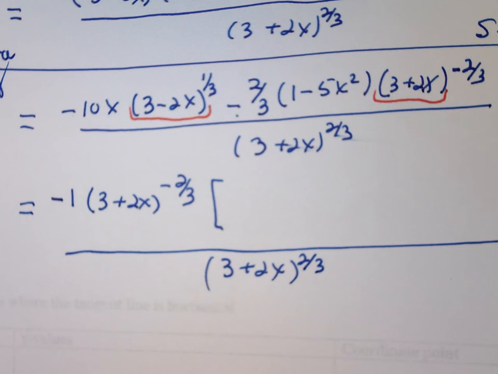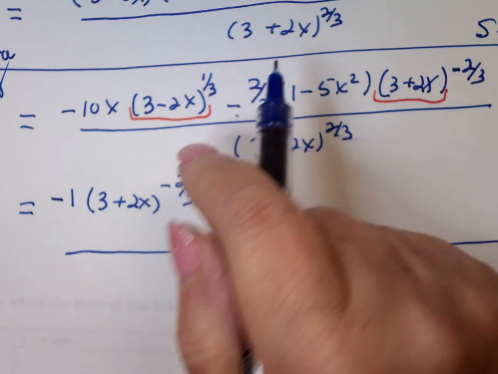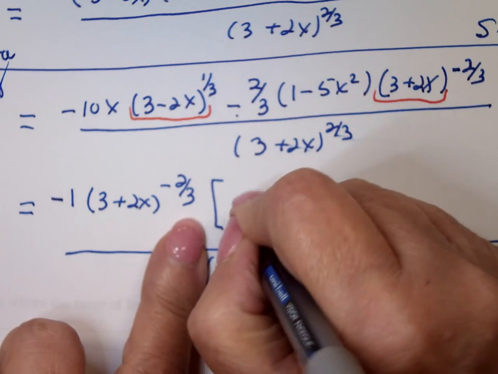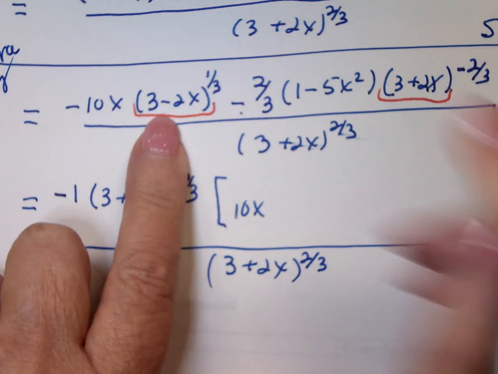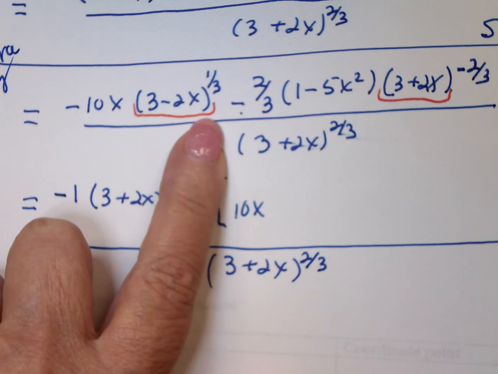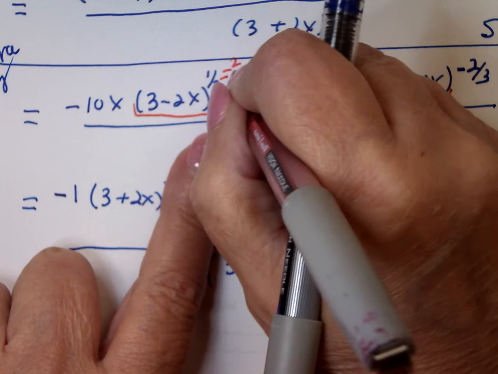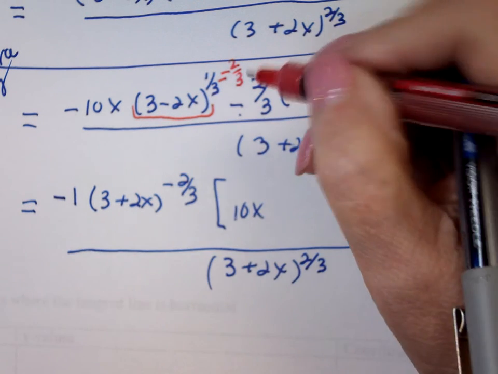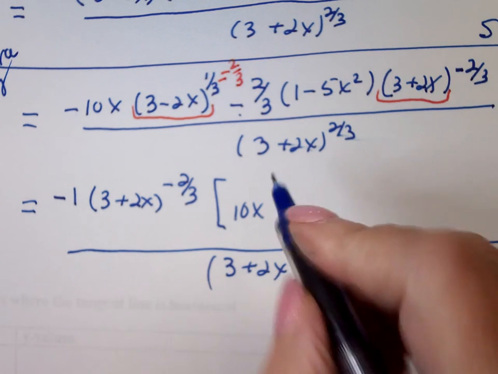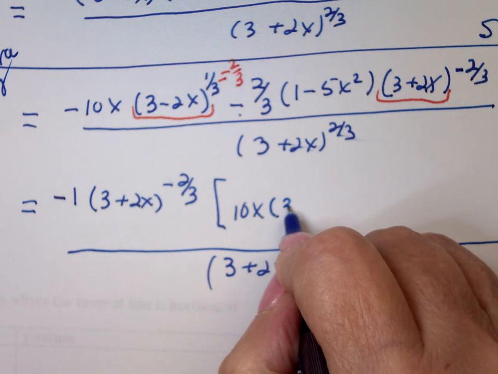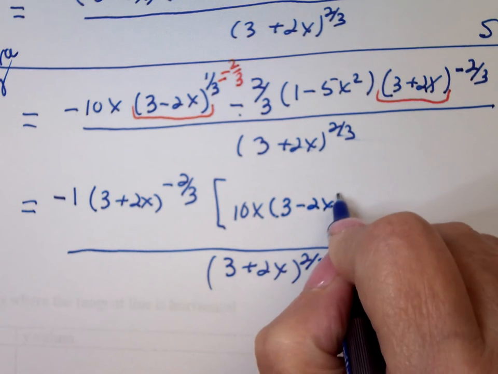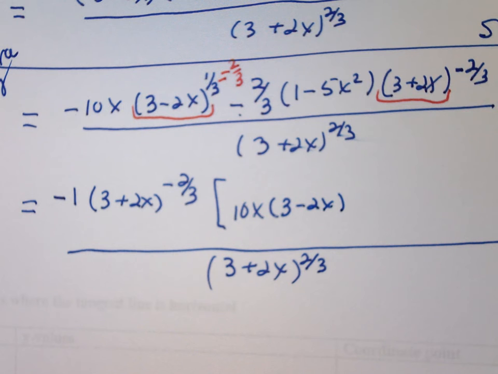So I'm taking a blob to the negative 2/3 out, so it's going to be 10x. And this is going to be minus a minus 2/3, which is going to be a 1/3 plus 2/3 or 3/3. Excuse me? Yes. This is 3 plus 2x, not 3 minus 2x.